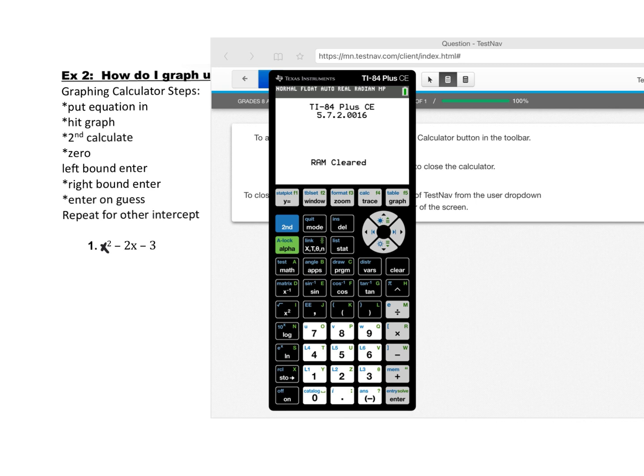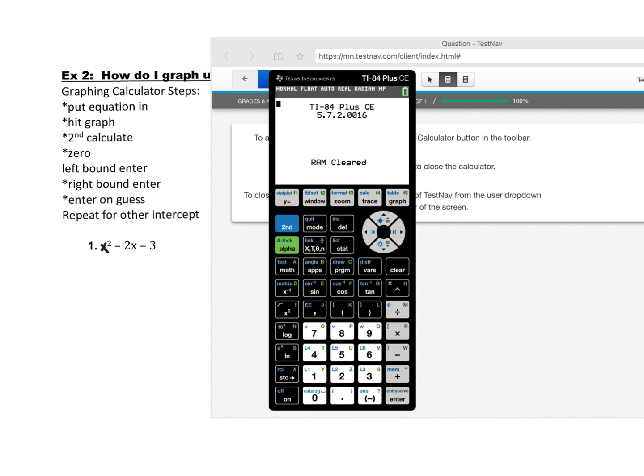All right, example number 2, how do I graph using a graphing calculator? We're going to use the graphing calculator to graph these to find the solutions. The first step is that you're going to put the equation in.